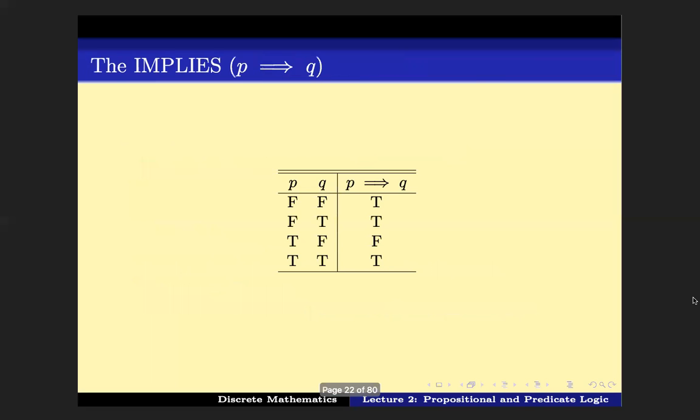This is the truth table of implies: false implies false, yes. False implies true, of course, yes. True implies false, no, that cannot happen. And true implies true, yes.